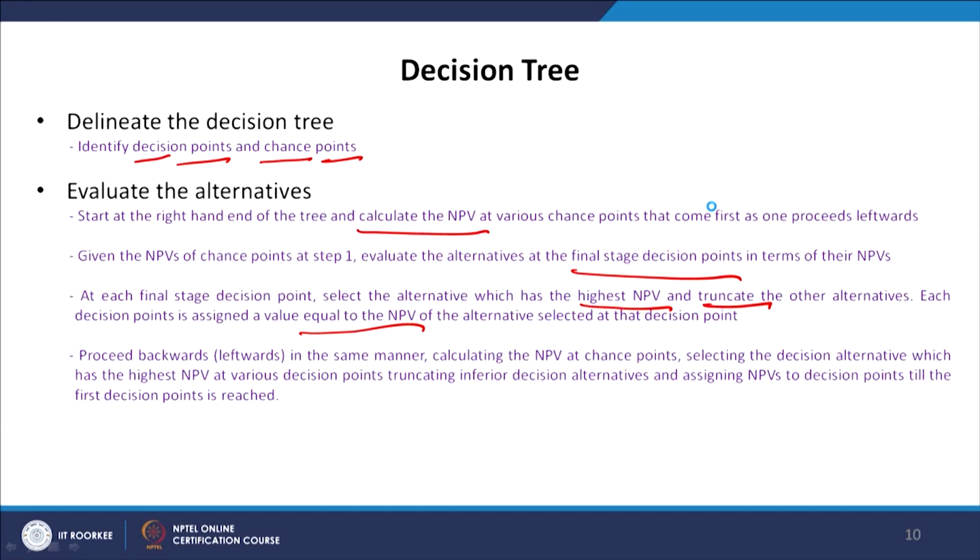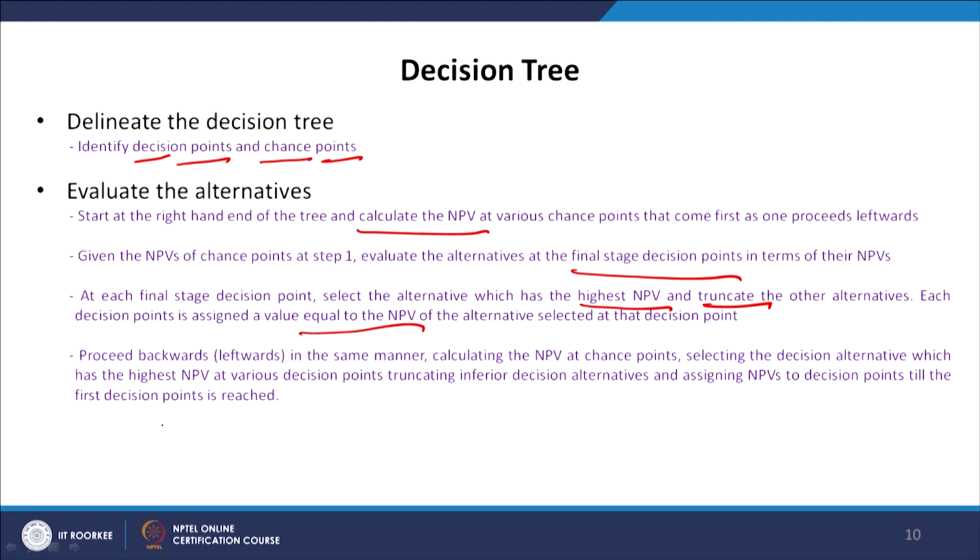Lastly, proceed backwards, towards the left side, in the same manner, calculating the NPV at chance points, selecting the decision alternatives which have the highest NPV at various decision points, truncating the inferior decision alternatives and assigning NPVs to the decision points till the first decision point is reached, right.